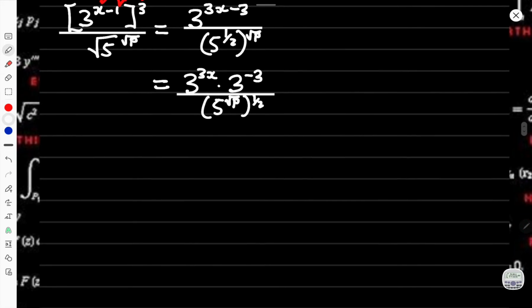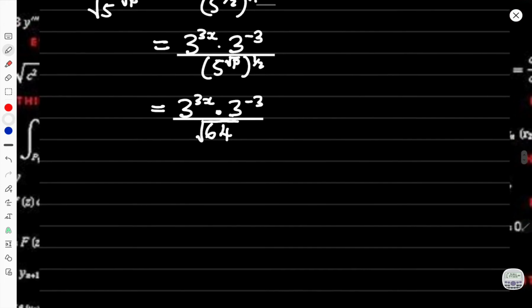Then let's see what we have so far. We're going to have 3 to the power 3x times 3 to the power negative 3, over 64 to the power half, which is the same as square root 64.